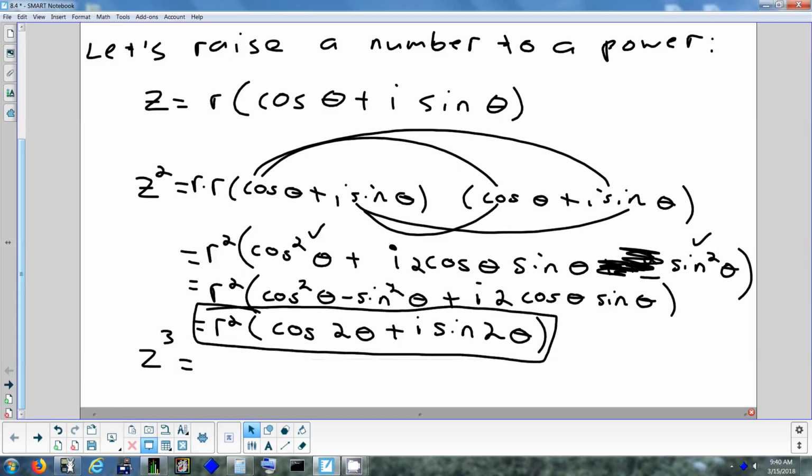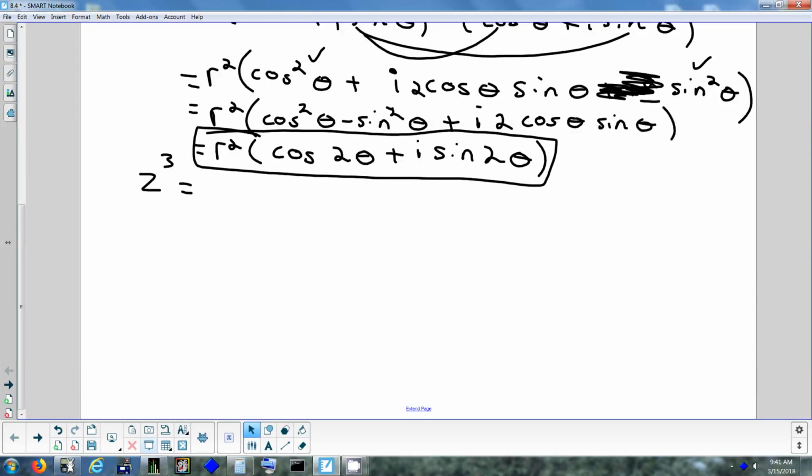So based on that pattern, I'm not going to go through all the algebra. Does anyone have a guess if you were to cube it, what the answer would be? Yeah. It would be cosine 3 theta plus i sine 3 theta. That would be part of it.